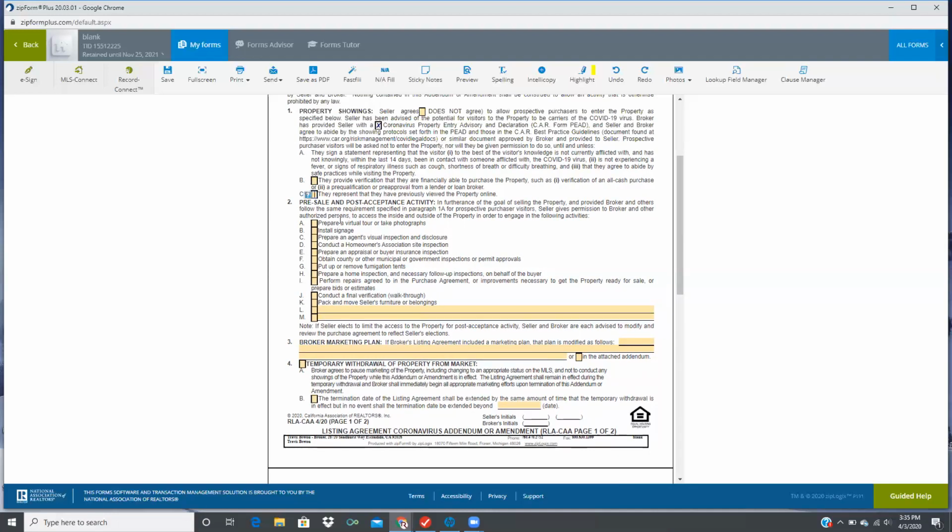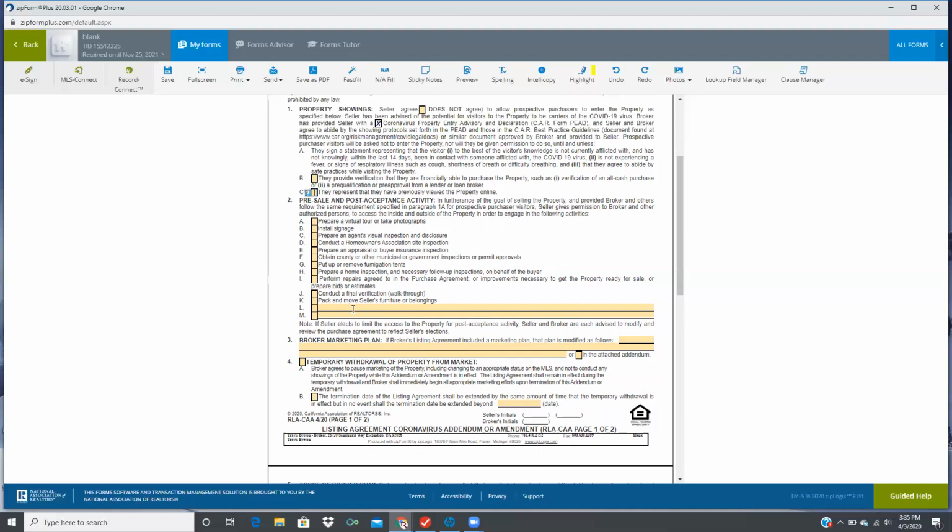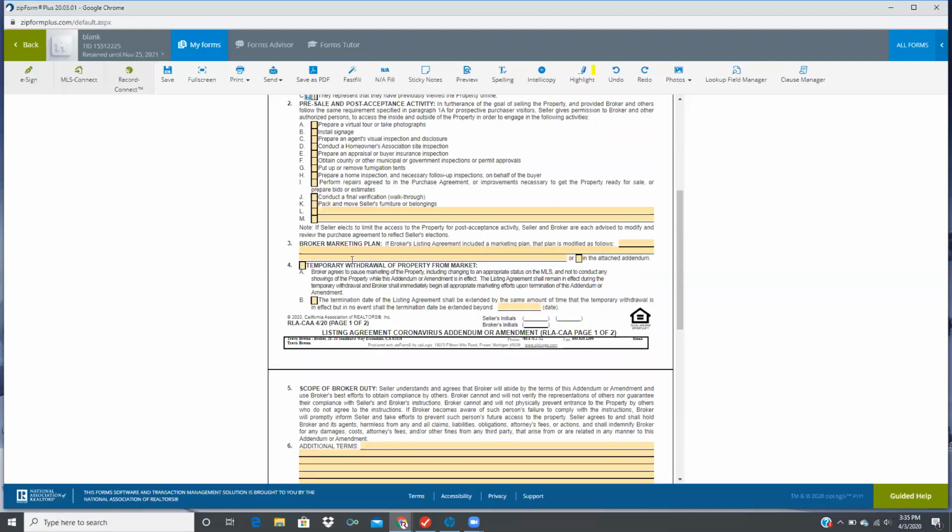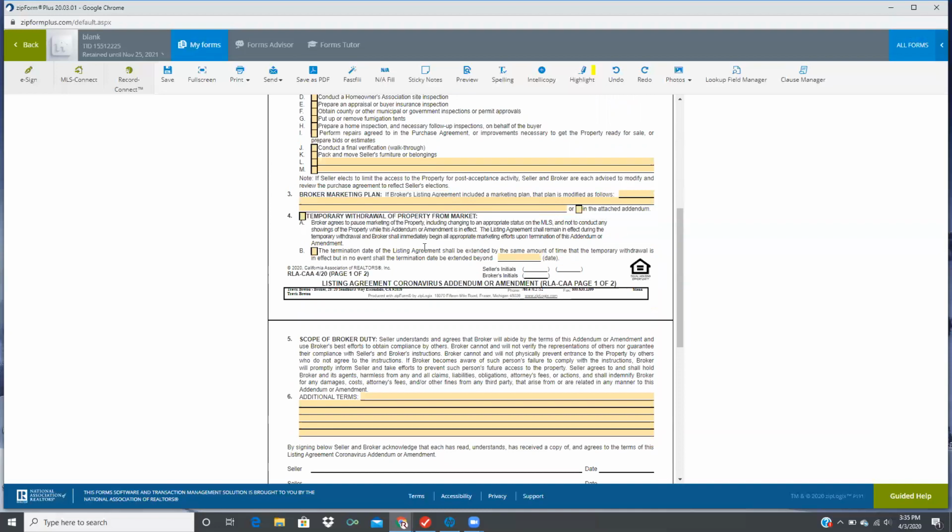And then there's going to be some pre-sale and post-acceptance activity. You're just going to check the boxes of everything that pertains. If you're presenting them a marketing plan and it needs to be adjusted, you would add your modifications in this section here to your marketing plan.